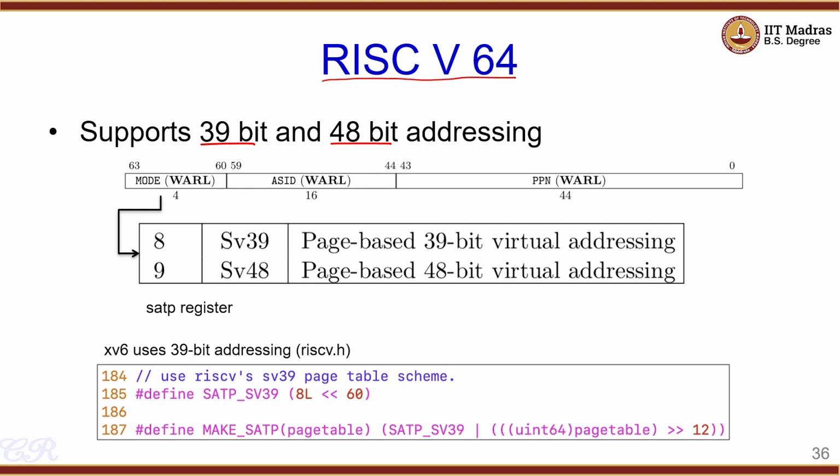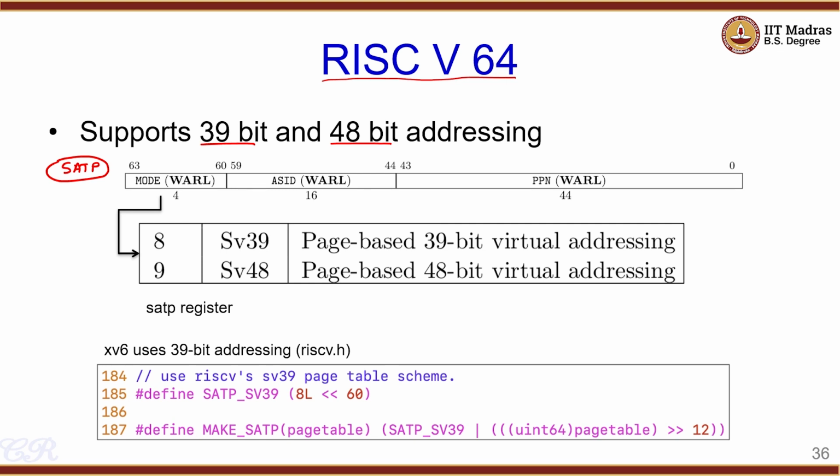Now, the SATP register for the 64-bit RISC-V looks something like this, right. So, it has 64 bits, of which 4 bits essentially tell you the mode, 16 bits tells you the ASID value, that is the address space identifier, and then the 44 bits essentially tell you the physical page number. Okay.